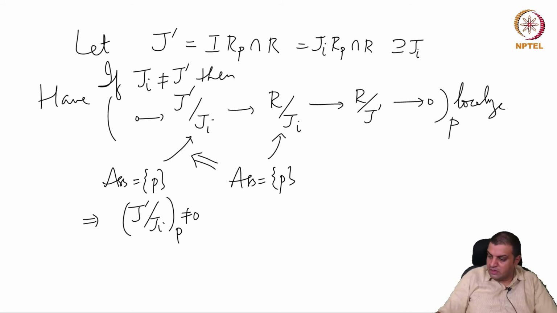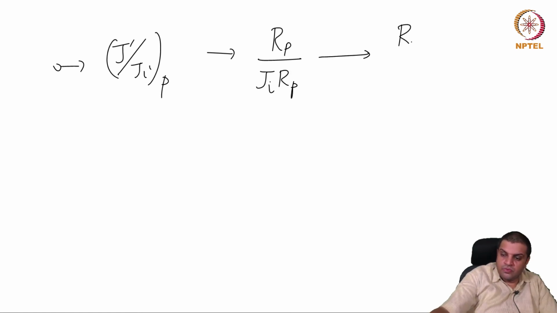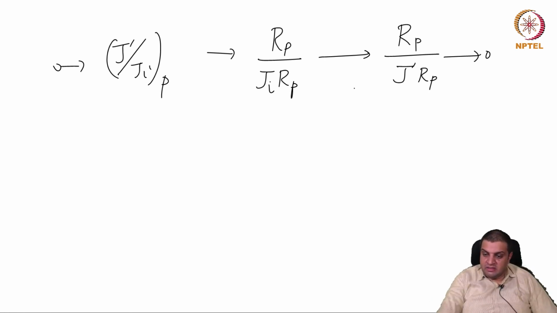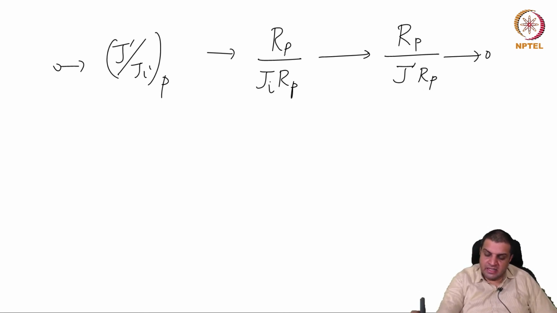But on the other hand, from the exact sequence we get J prime mod Ji localized at P to Ji R localized at P to J prime R localized at P to 0. But these two ideals are equal. They may be different in R, but once you invert elements outside P, they become equal, which means that the surjective map is actually also injective.